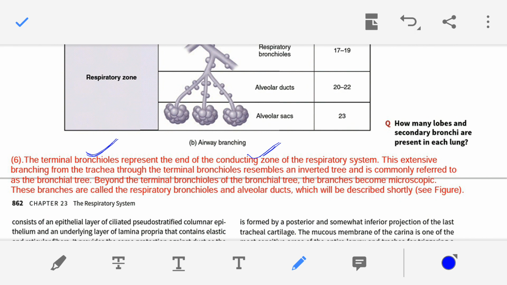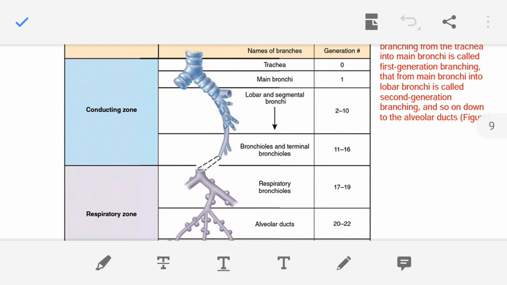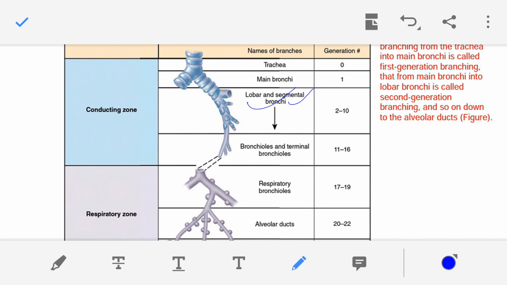We started from the trachea, then the left and right main bronchi, then the lobar, segmental bronchi, then the bronchiole, then the terminal bronchiole.